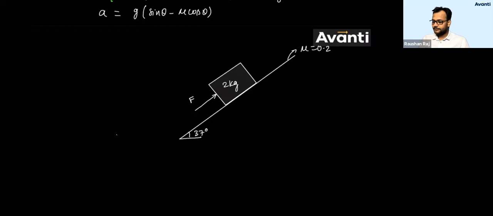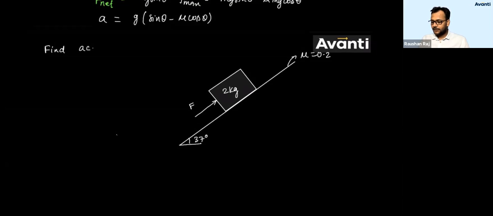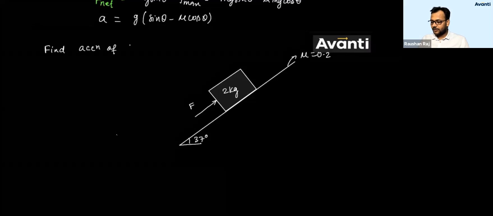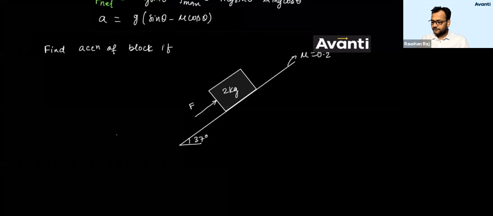Find acceleration of block if first one F is equal to 10 Newton. ठीक है? Second, F is equal to 40 Newton. Tell me the answer.